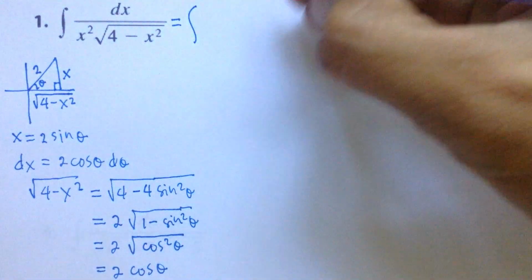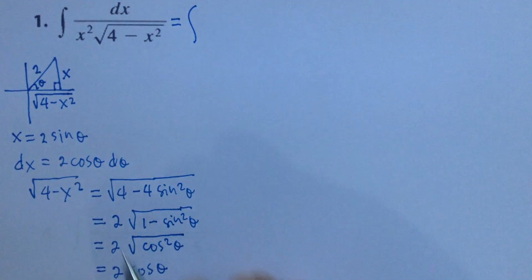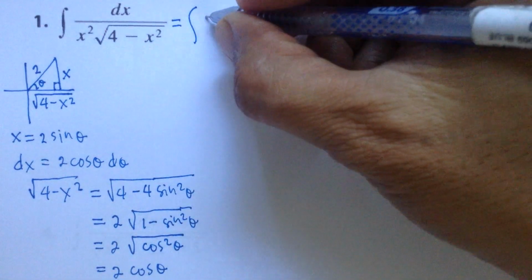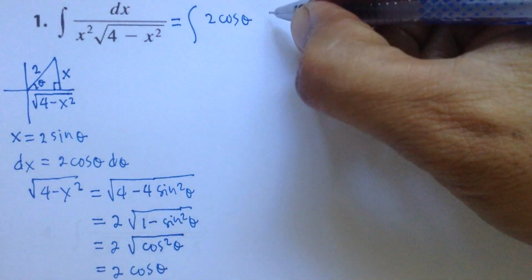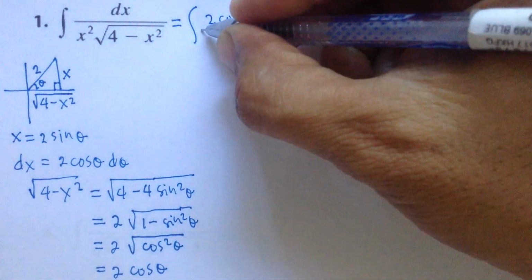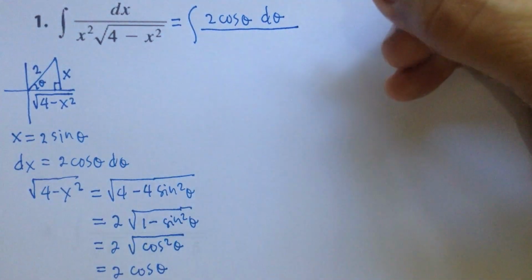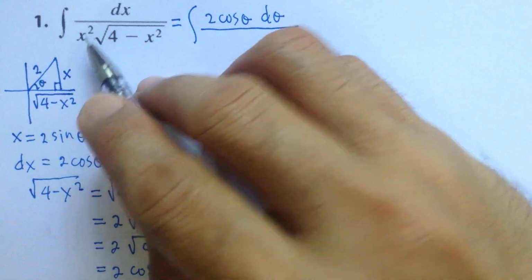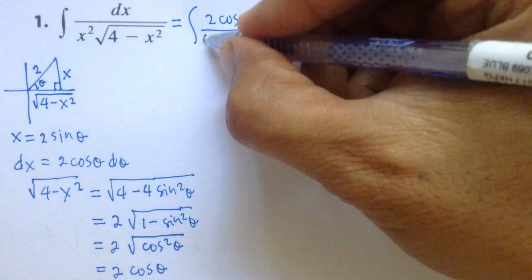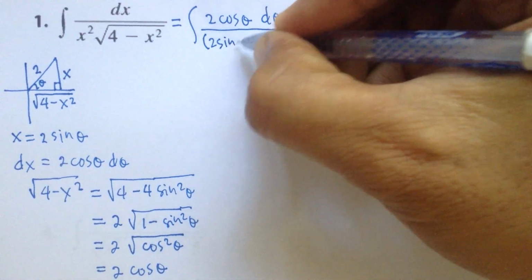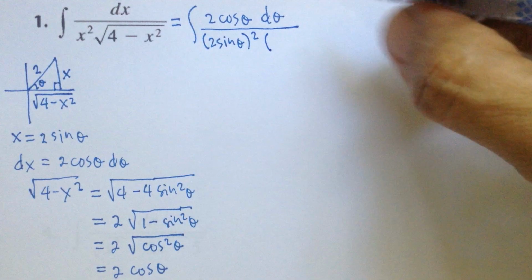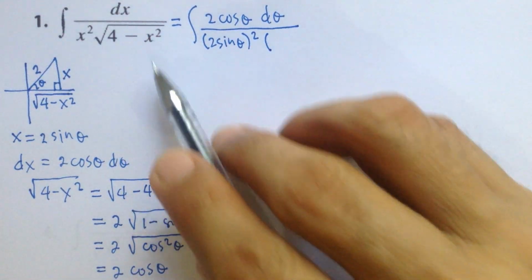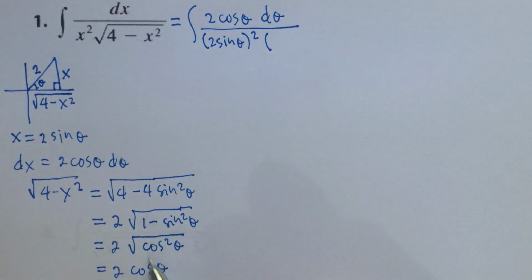You have the integral of, what is your dx? Your dx is 2 cosine theta d theta, then over x squared. Now your x squared is 2 sine theta squared, times square root of 4 minus x squared, which is 2 cosine theta.